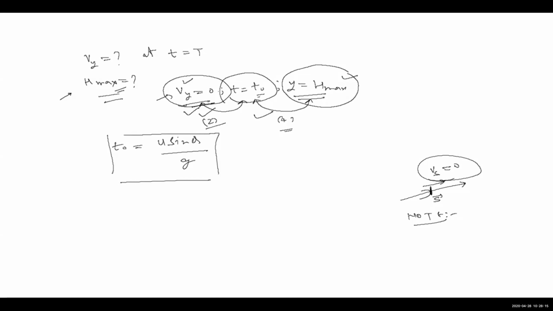Sir, y is 3 u square sin square theta by 2g. And solve it further. Further solution is required. The result you are getting will be further solved.